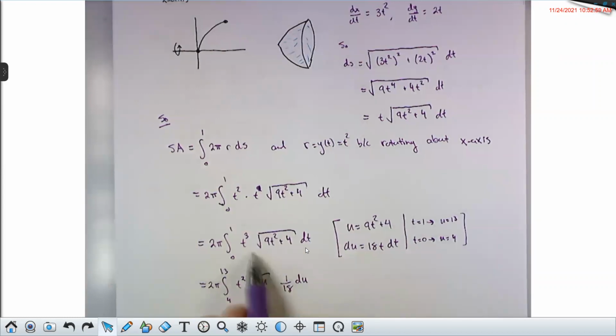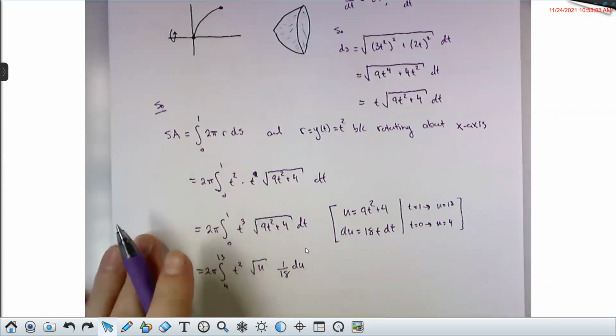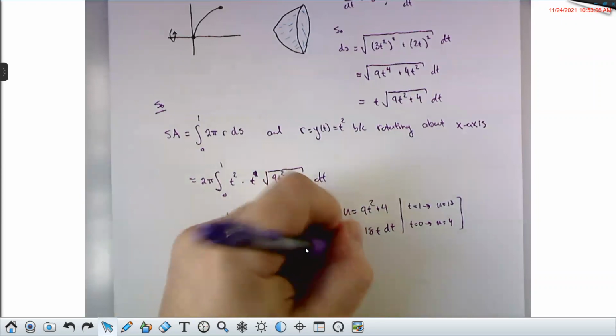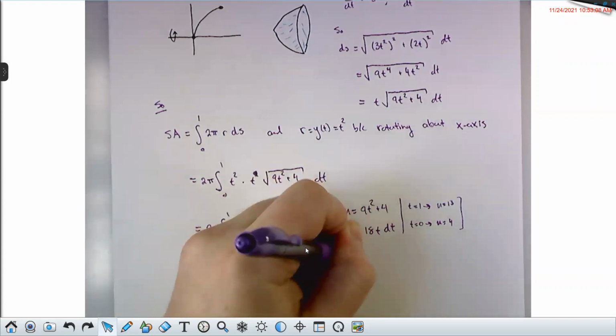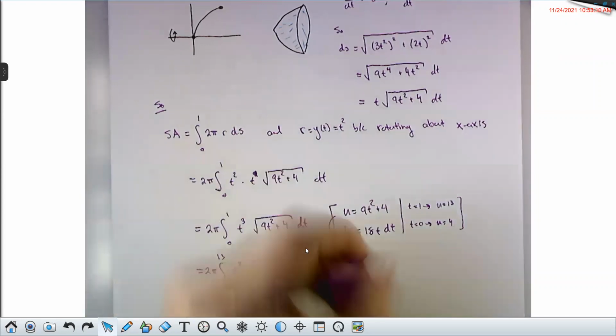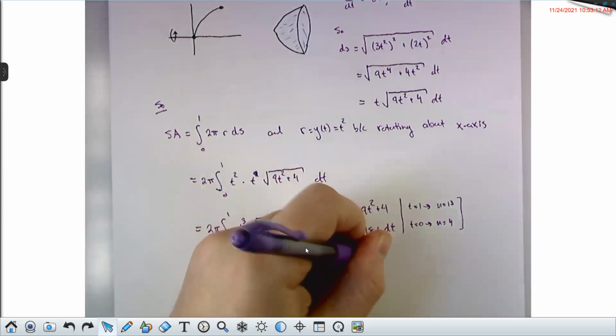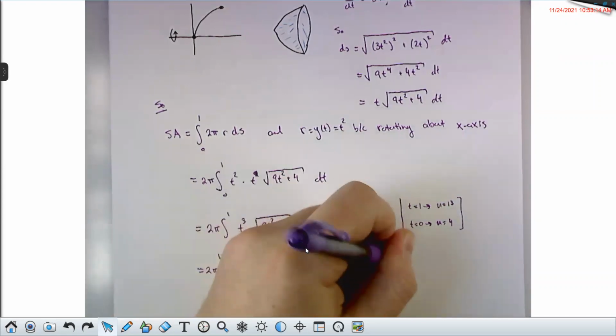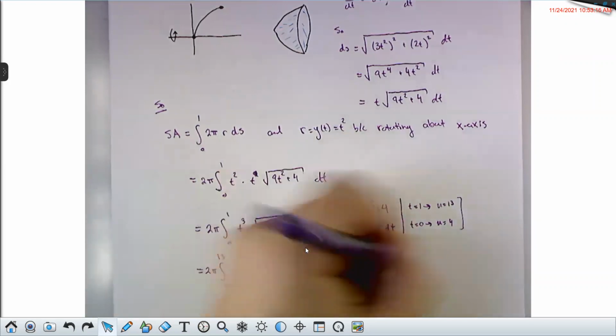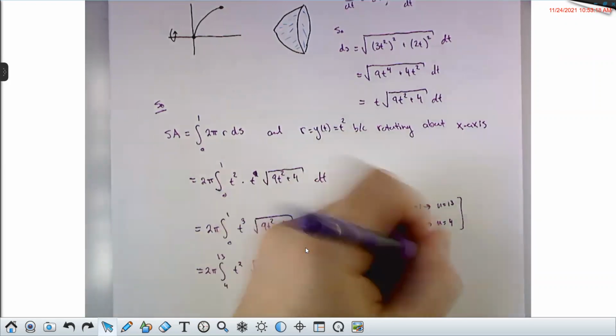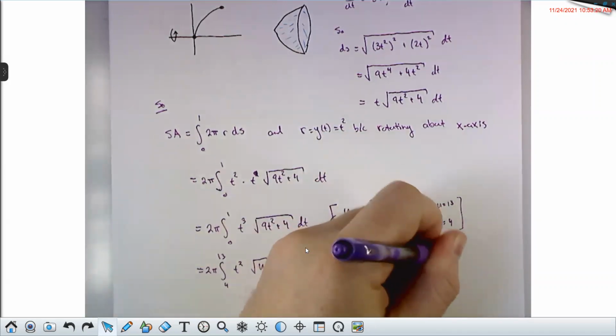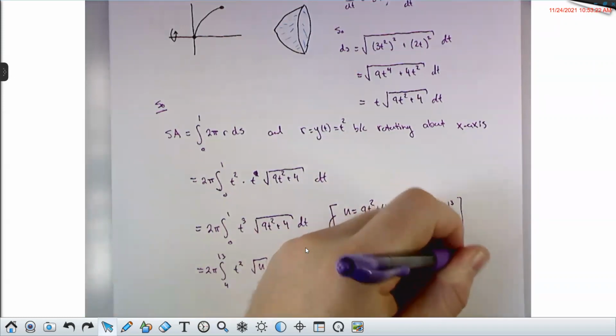So the t I peel off here cancels. And then that t squared, I can replace by u stuff. So u minus 4 is equal to 9t squared, which means 1/9 of u minus 4 is t squared.